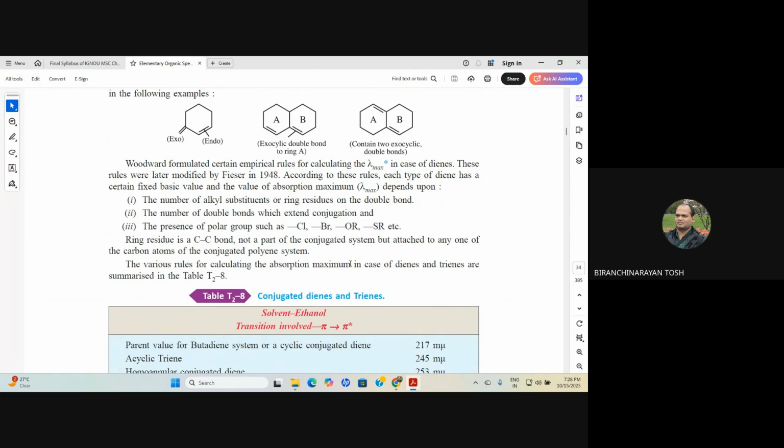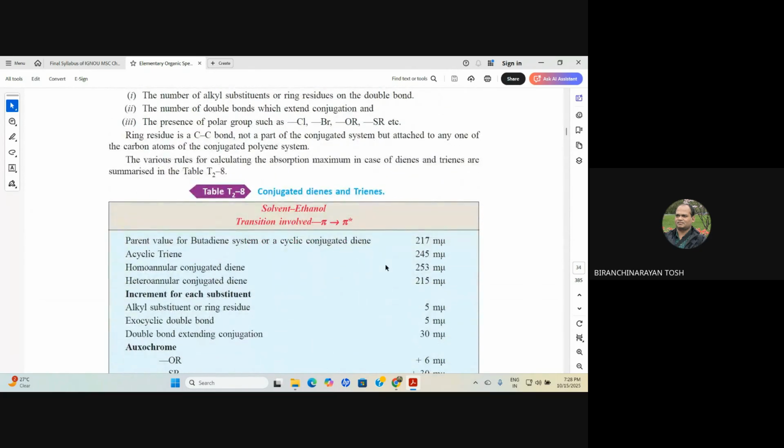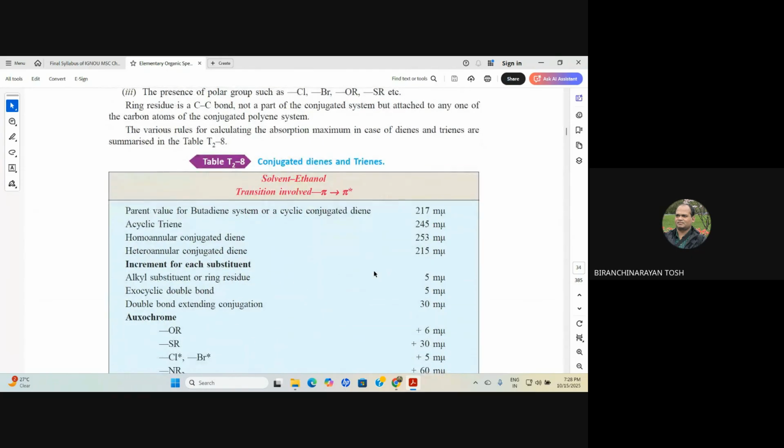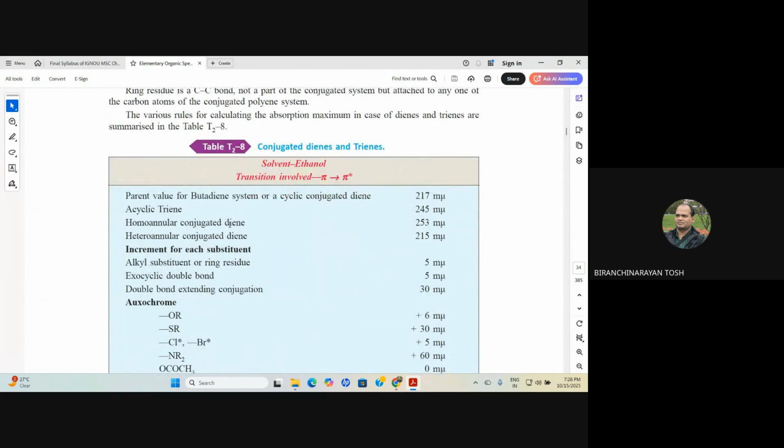you can see this table, the values we have to remember, or it will be given, but some values we also have to remember. The parent value for a butadiene system or an acyclic conjugated diene is 217. If it is triene, then it is 245. Homoannular conjugated, as we have discussed, is the second one.